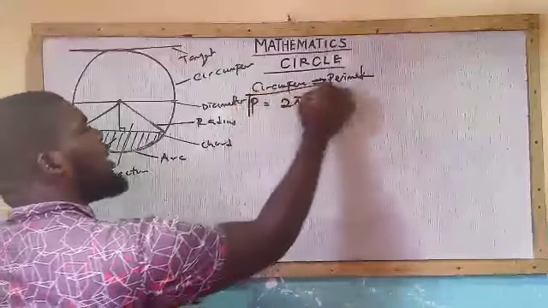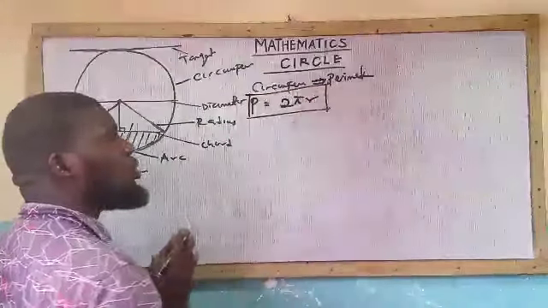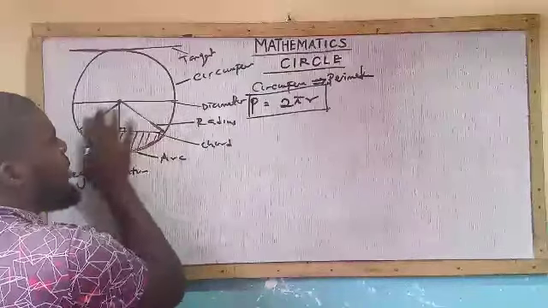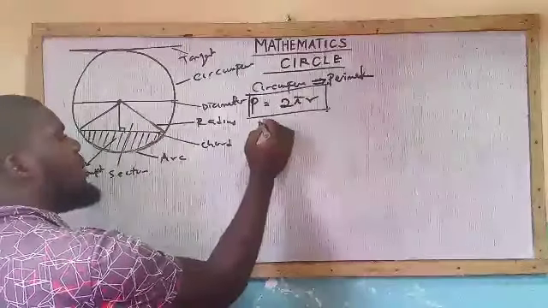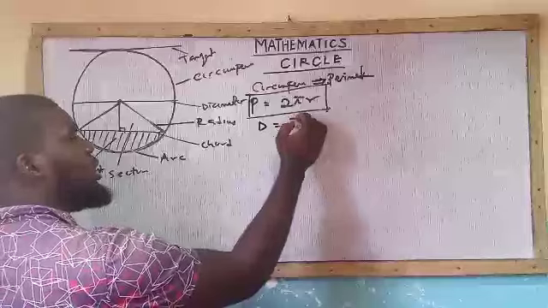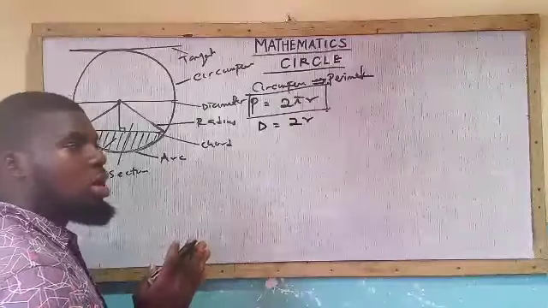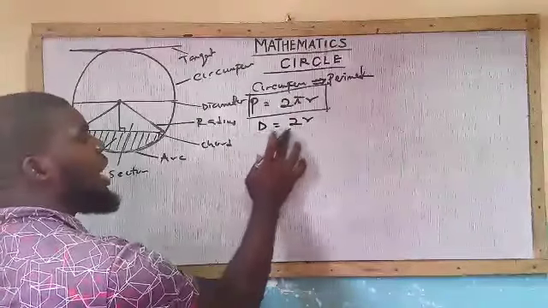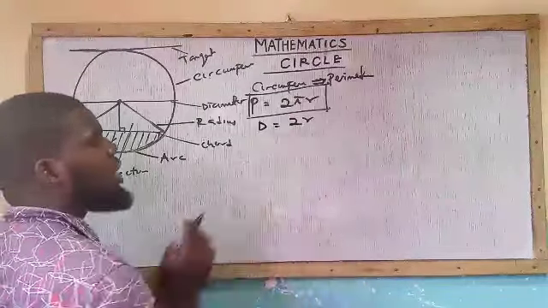Now, like we all know, the diameter is equal to radius times 2. Therefore, if my diameter is equal to radius times 2, I can say that my perimeter is equal to pi d.